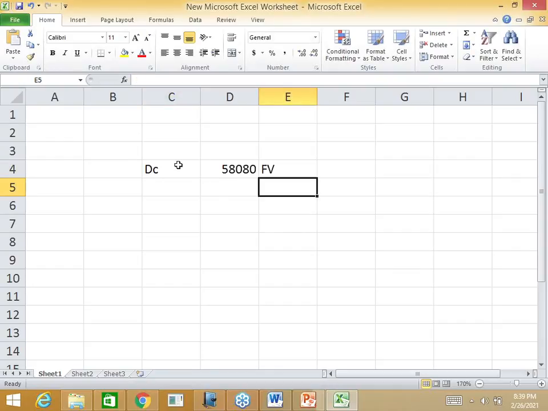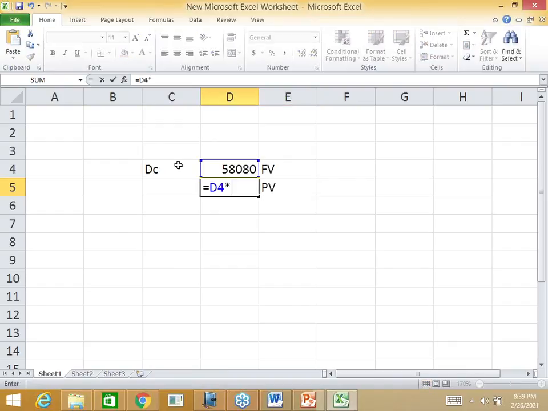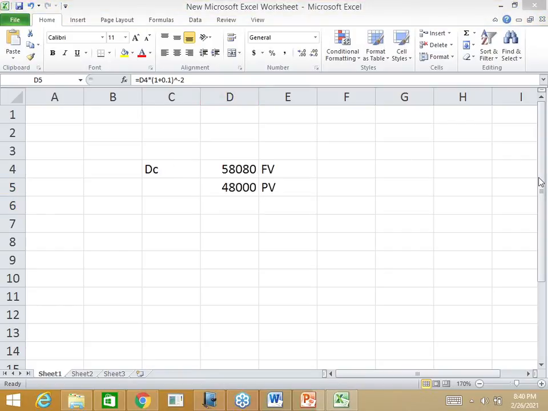That's the future value. And the present value will be calculated by taking this amount into 1 plus 0.10 raised to the power. That's the power sign, it's on number 6, so shift 6 will be the power sign. Minus 2. The amount will be 48,000. It's very simple to solve in the formula.